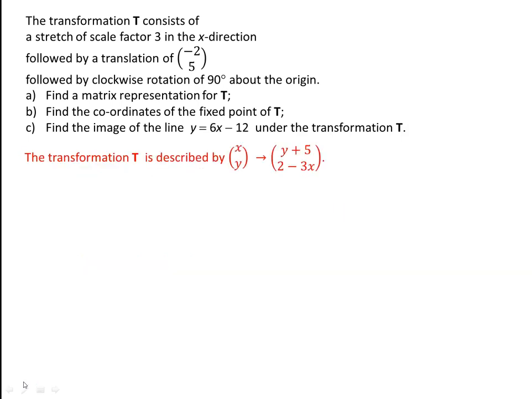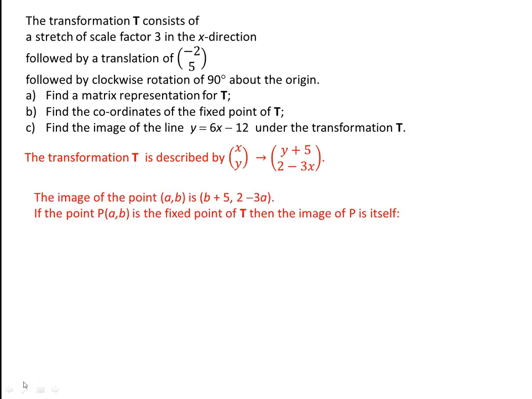(0, 0, 1) times (x, y, 1). So we know the transformation is described by the point (x, y) going to the point (y + 5, 2 - 3x). So the fixed point, if the point (a, b) is the fixed point of T, then the image of this point is itself. In other words, we must have b + 5 = a and b = 2 - 3a.